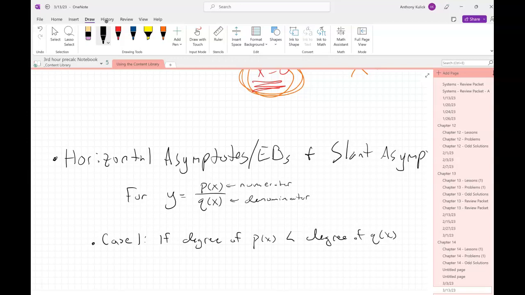The first case is if the degree of P of x is less than the degree of Q of x. When I say degree, what do I mean? The highest exponent in the polynomial, exactly right. If that's the case, we're going to have a horizontal asymptote or end behavior at y equals 0. Always y equals 0.